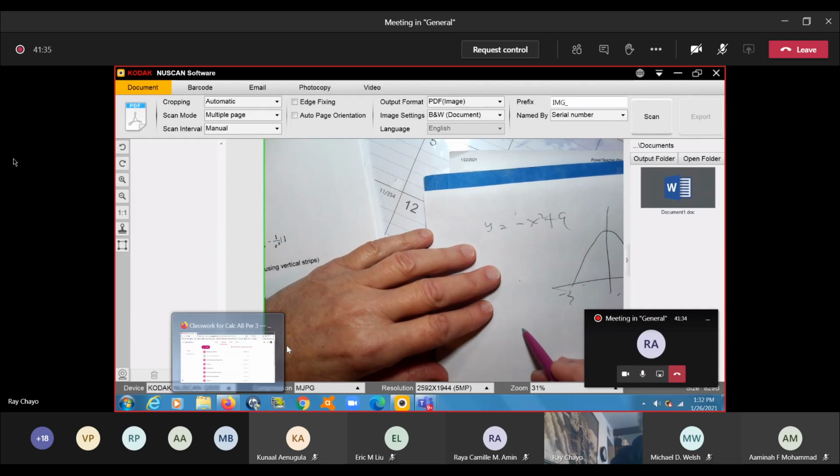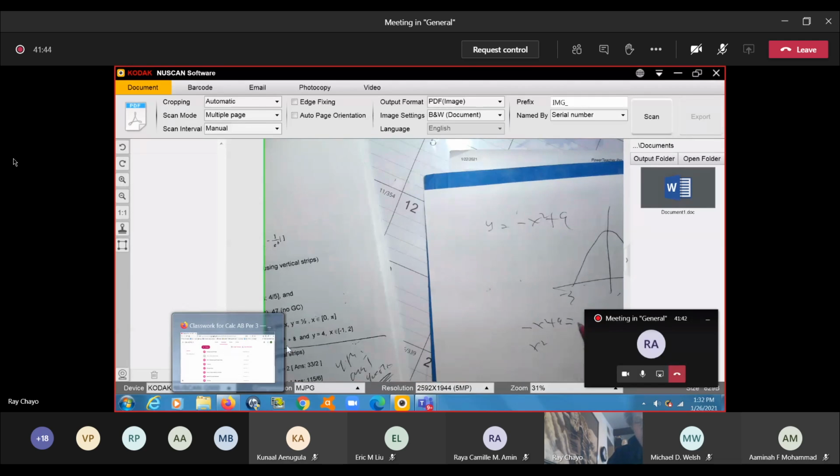Let me make this up here. So we're going to x squared, 3, 4, 9 isn't a good number, 6. Let's see what that does. Negative x squared minus x.